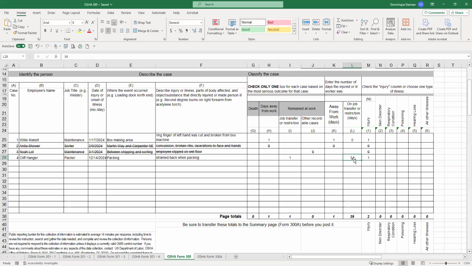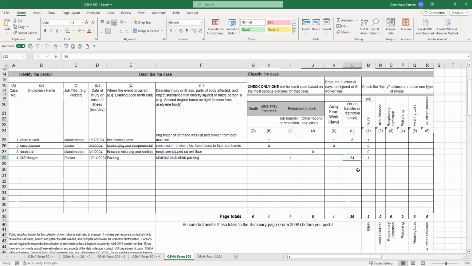We don't know how long he's actually going to be out. We have an estimate from the doctor. This is the estimate that the doctor says that they are going to be out of work. And that's what you enter. If it comes back that that employee actually is going to be on restriction for maybe longer, then we will come back and update that at another time.